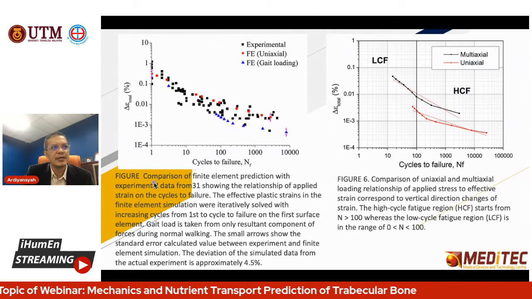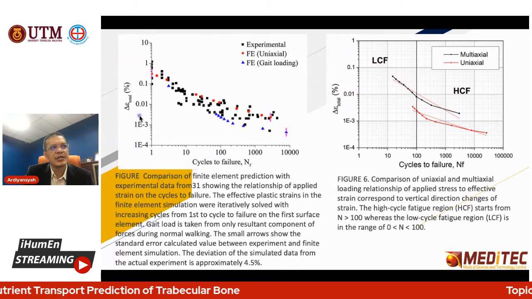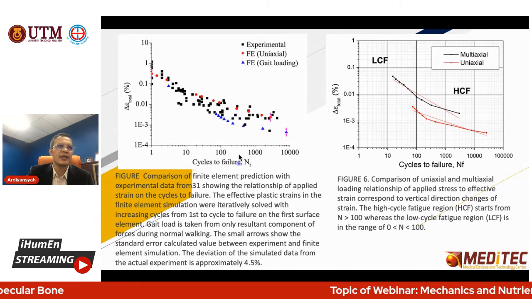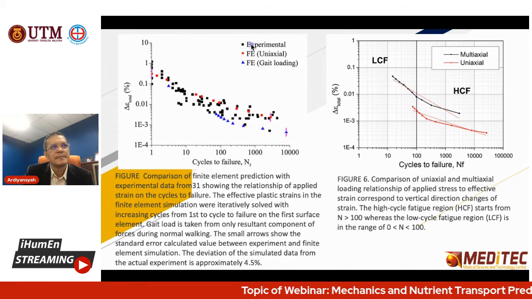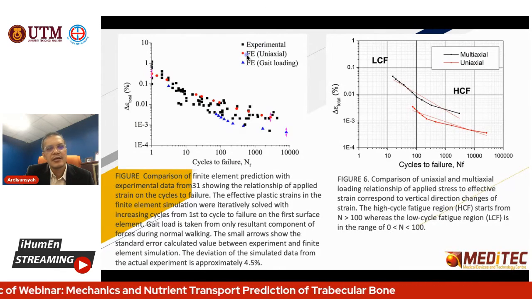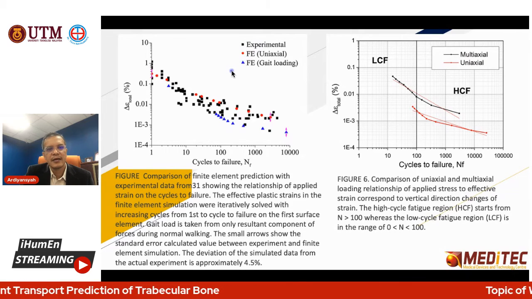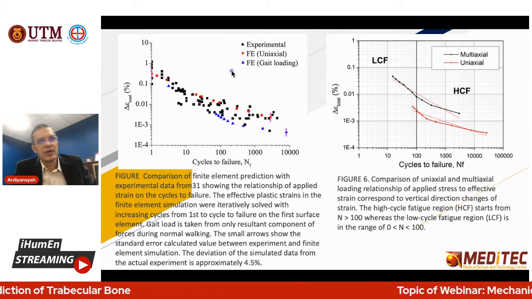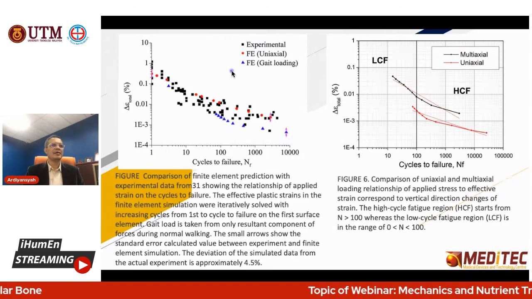Okay, this one is the figure showing the reduction of strain percentage with cycles to failure. The black one is the experiment, the red one is the FE, and the FE gait, the gait loading, is the blue one. You can compare here.